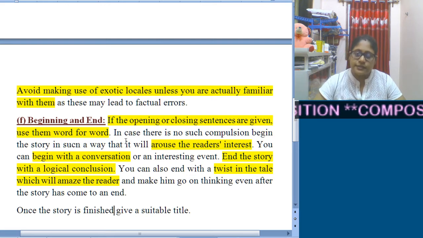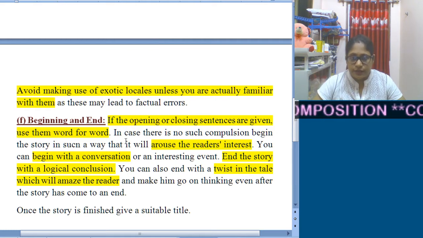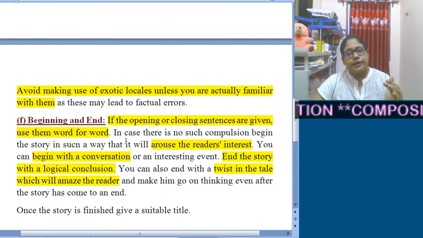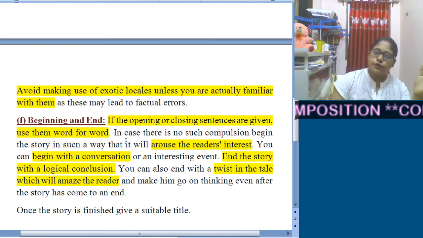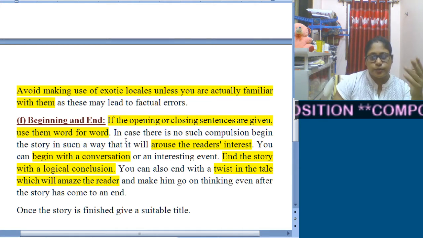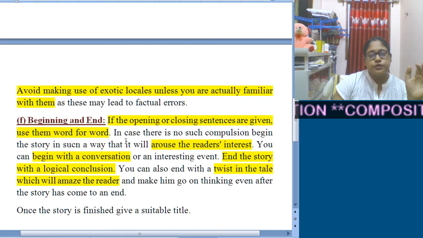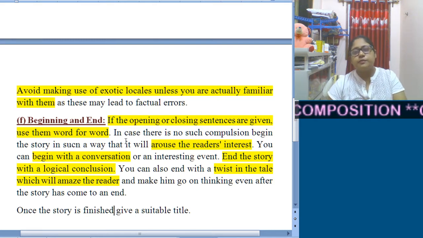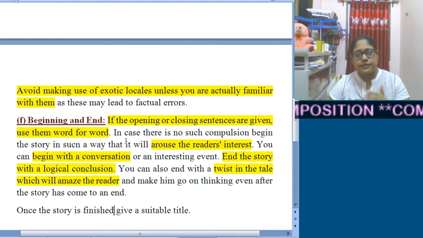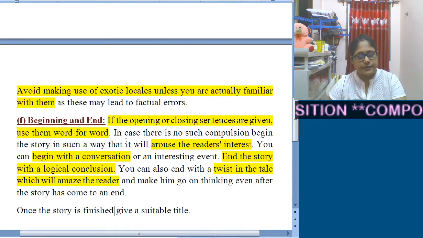Here you can start with a direct speech or something very striking that will strike the reader at the very beginning. Or if you are told to write a short story and title it, in that case also you have the freedom to write your story in your own style. You only need to provide a title, and obviously the content must match the title.